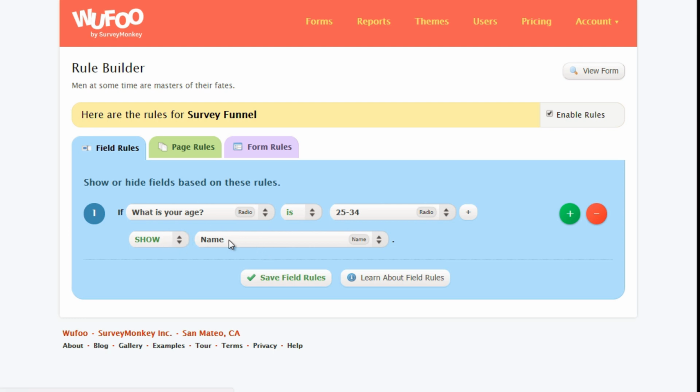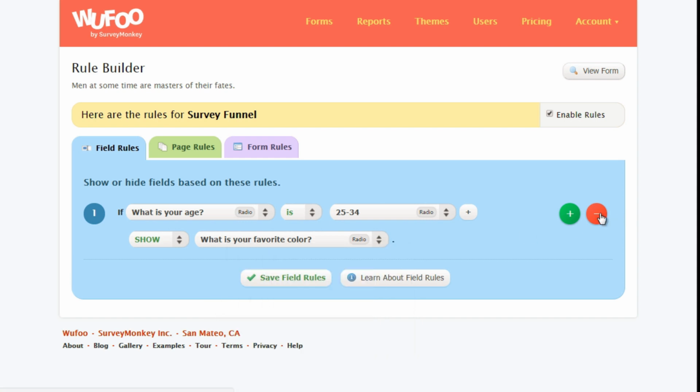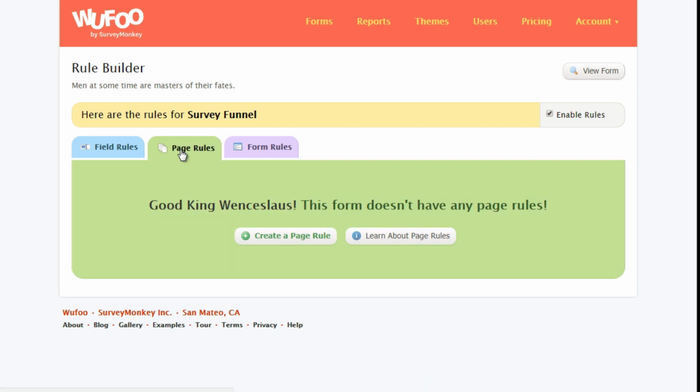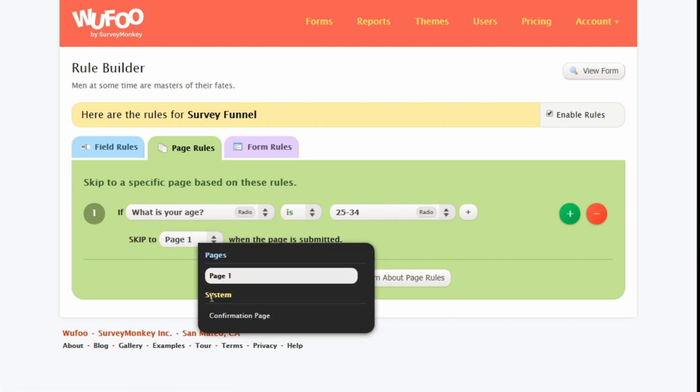Let's say show name, or show what is your favorite color, or something else. So that's for showing the field rules. We have page rules, which allow you to redirect them to a certain page. So you can create a page rule if their age is that, skip to a certain specific page.